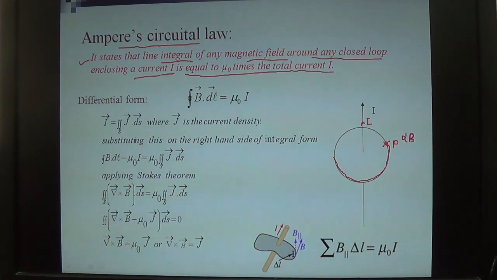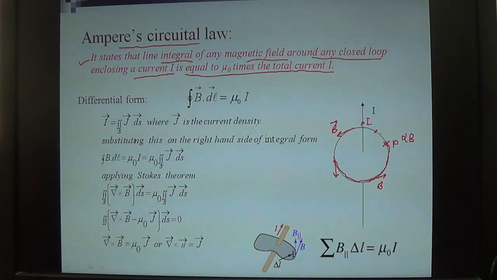Suppose that is dB because of a small segment of the wire. The second point is about the direction of the magnetic field. This is the direction of the magnetic field at every point, and here you can see that it is tangential.